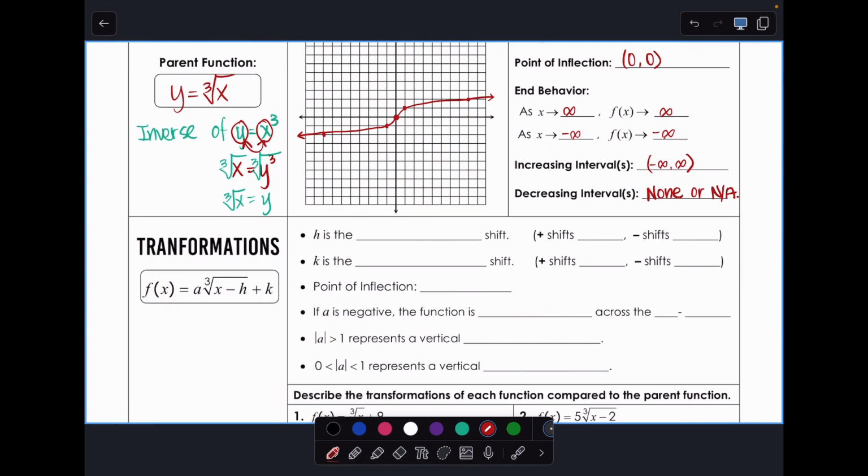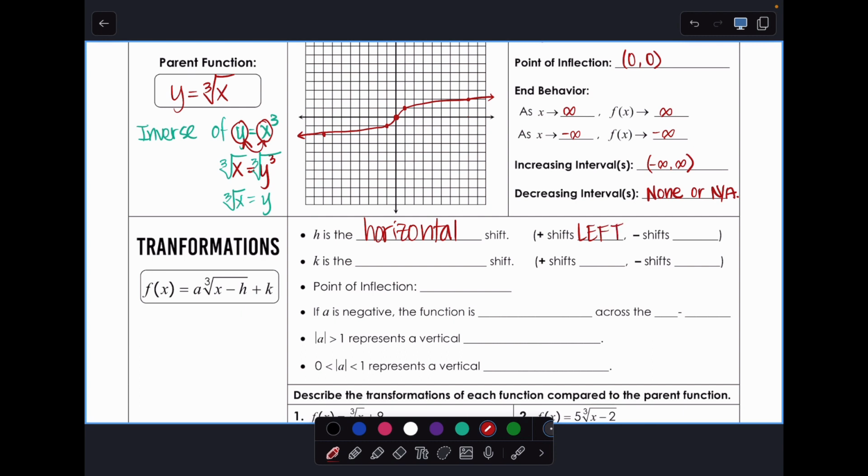Transformation. Same idea as square root. It's just cube root. H, we still approach it with opposite. So H is the horizontal shift. Plus means we're shifting to the left.